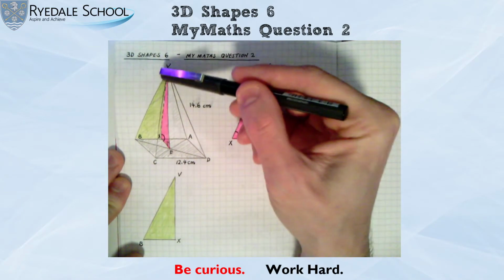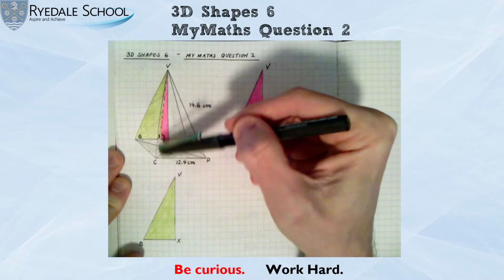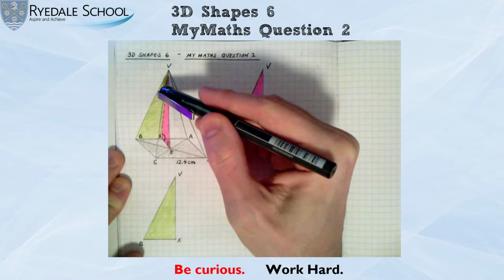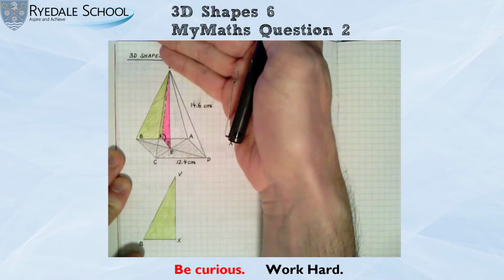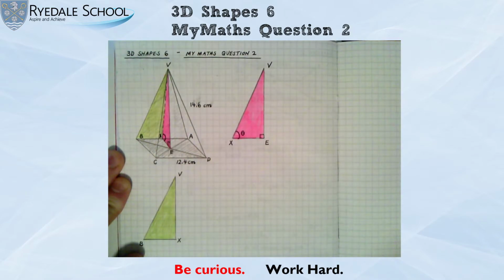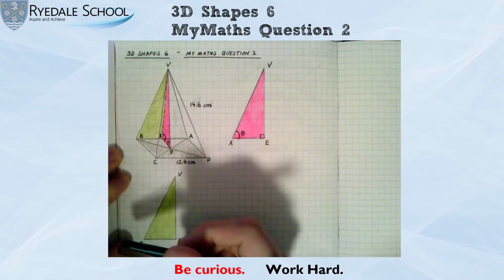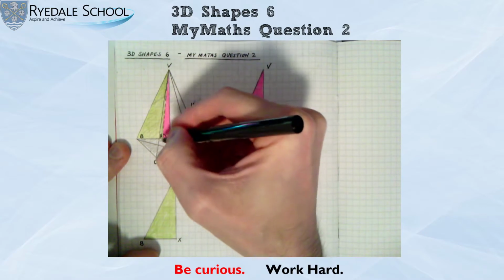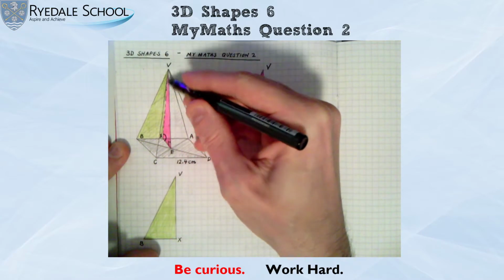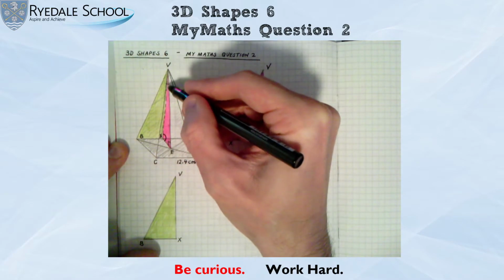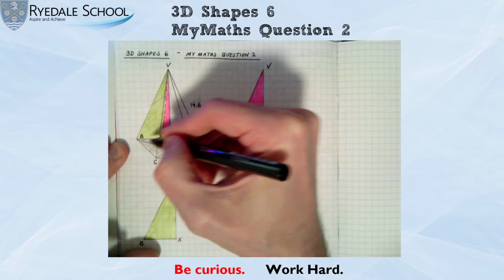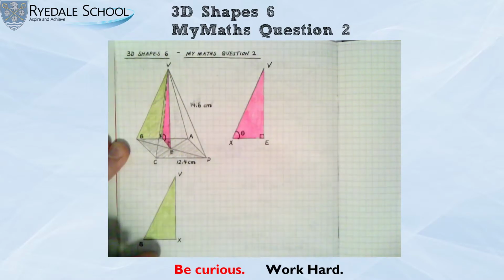This pink triangle represents the triangle that I was just showing you a moment ago. You can imagine I've chopped it down the middle, and this was the triangle that I had a moment ago. It might not look like it from this angle, but this is the right angle, because this is the vertical height of the pyramid, and this is the middle of the sloping side of this face.